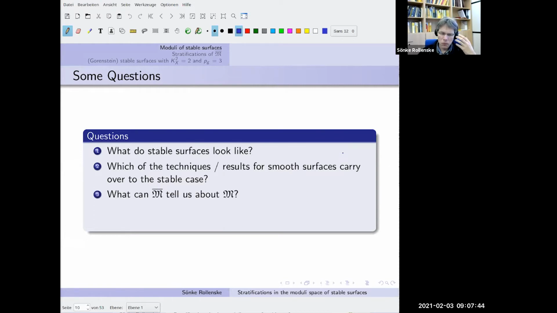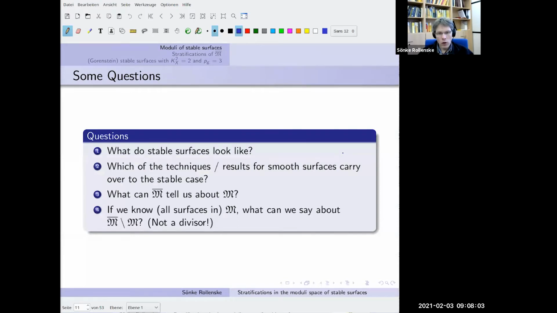Originally we were interested in the Gieseker moduli space, so in, say, smooth surfaces of general type. So we should always ask, what can the compactification tell us about this moduli space, which we were originally interested in? But we can also go in the other direction and say, assume we know all the surfaces in the moduli space. What can we say about the things that have to be added in the boundary?